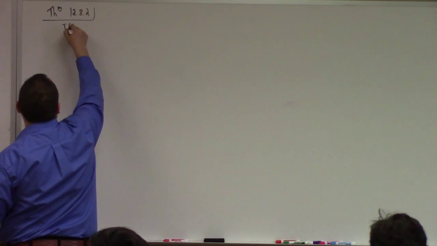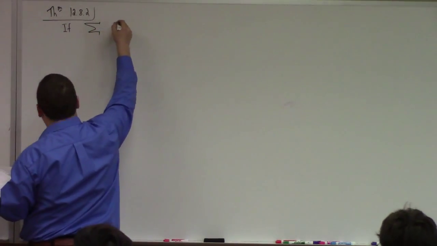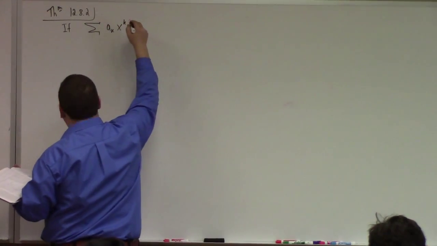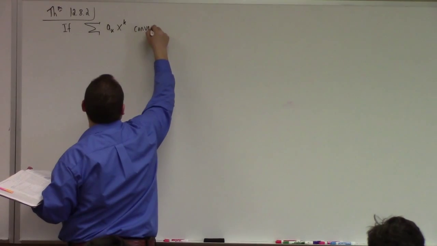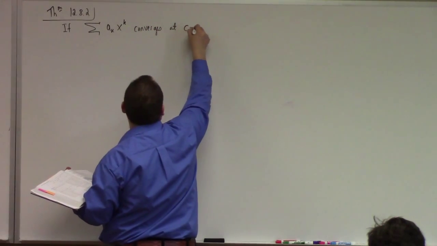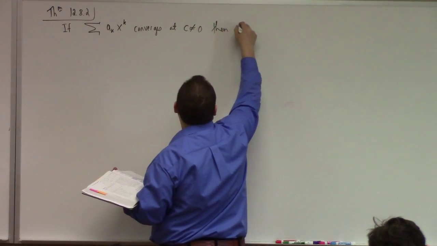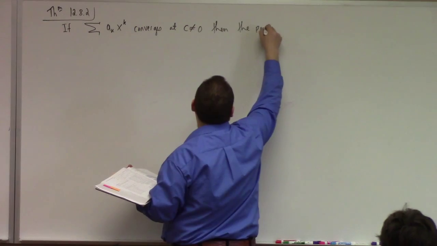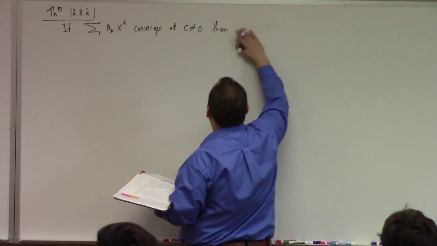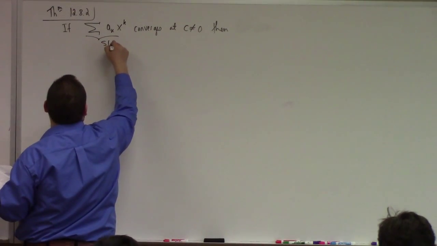If the sum of a sub k x to the k converges at c, which is not equal to 0, then the power series, let me give this thing a name, S of x, all right.